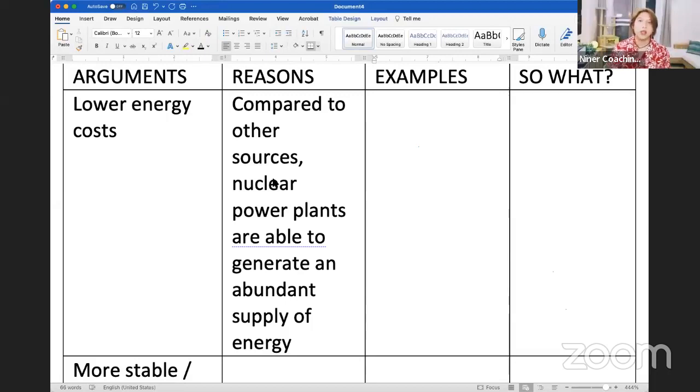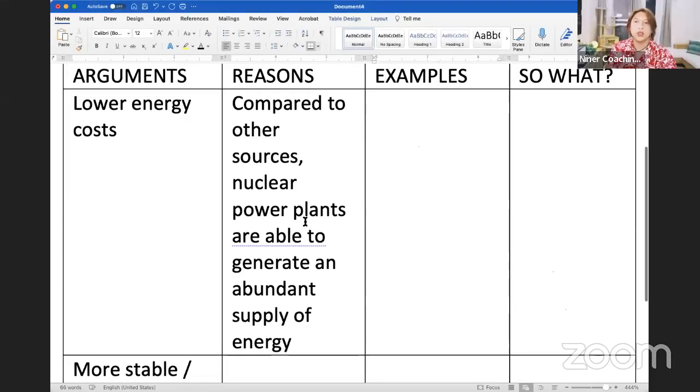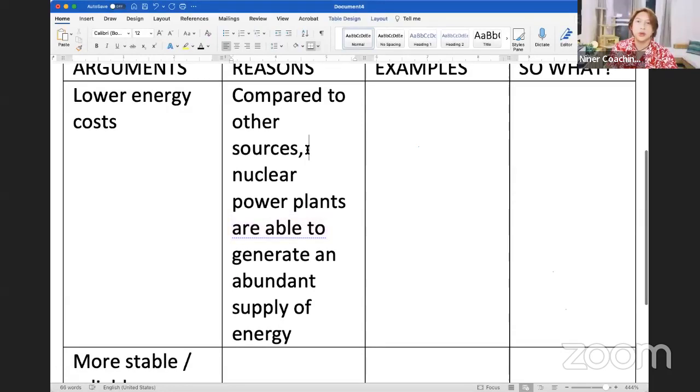Or can you tell me examples of countries or nations that are able to reduce the price of their energy just because they have nuclear power, right? Yeah, so compared to other sources of energy, let's put there some examples.